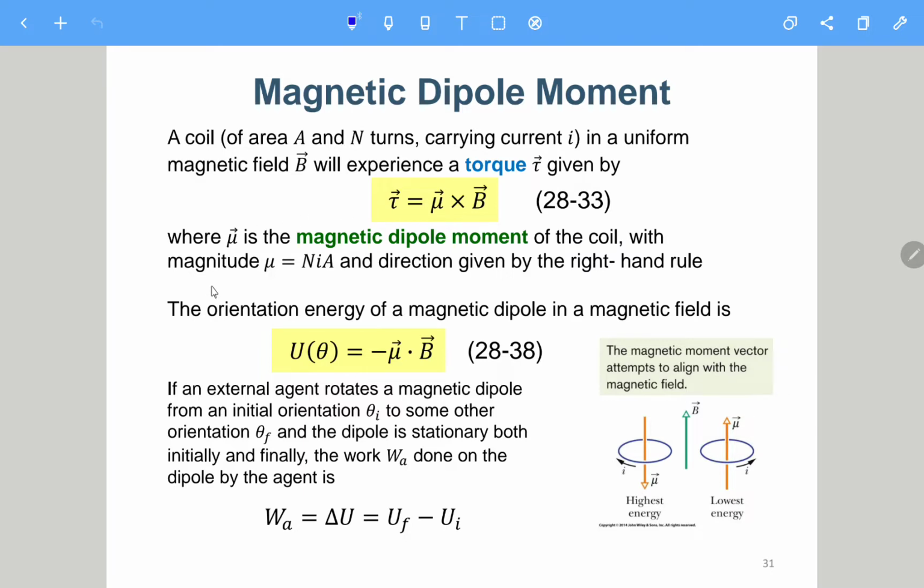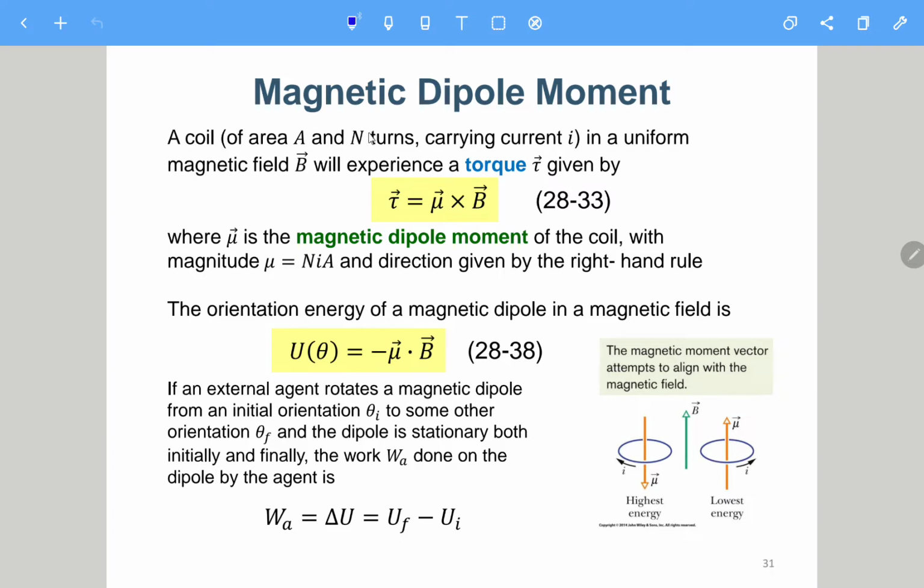Actually, we have seen this equation for the electric field. At that time, the torque is the electric dipole moment cross the E field, and the potential energy is negative mu dot E. Here the potential energy is negative mu dot B. So we just need to change E to B, then we get the same expression.